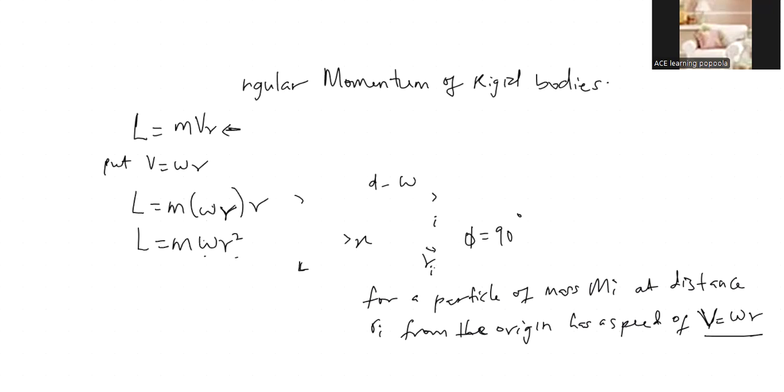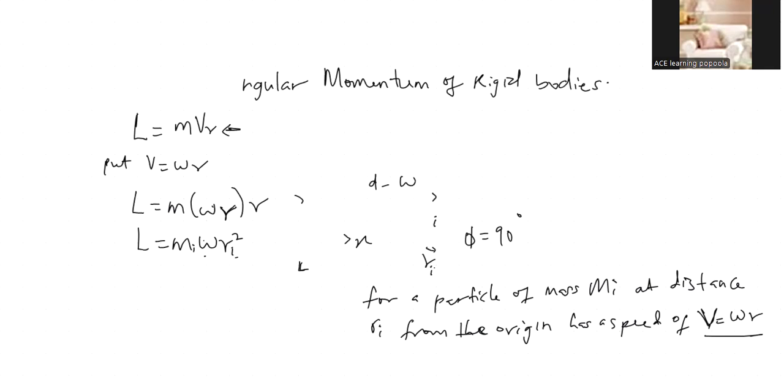So we can just apply our i there. The i just represents an infinite number of particles, because we're looking at the total angular momentum of all the particles within a rigid body.